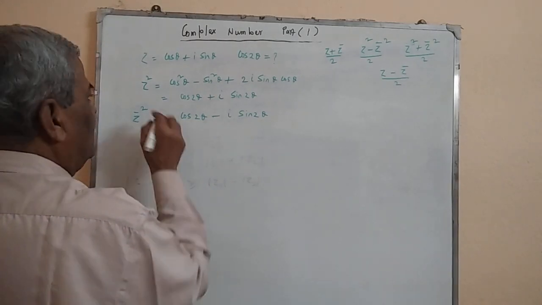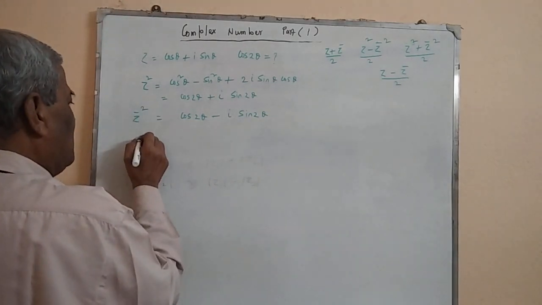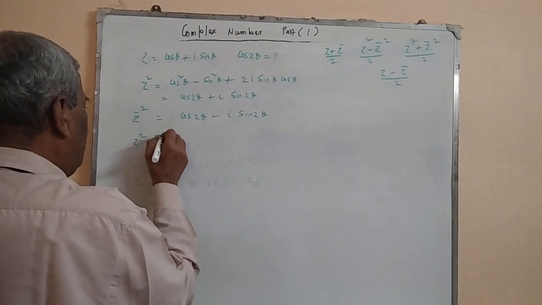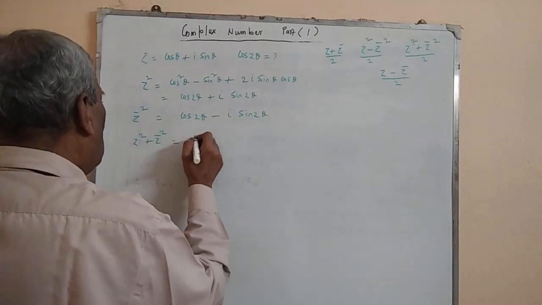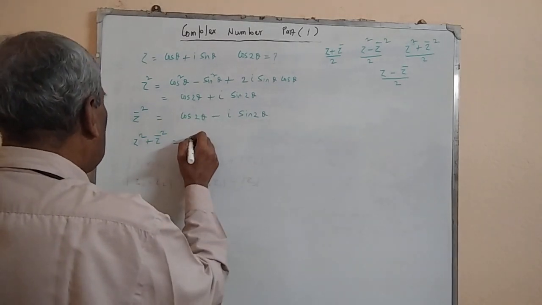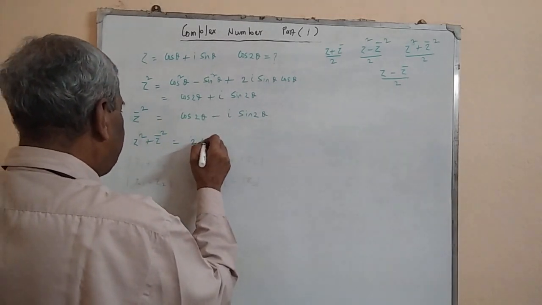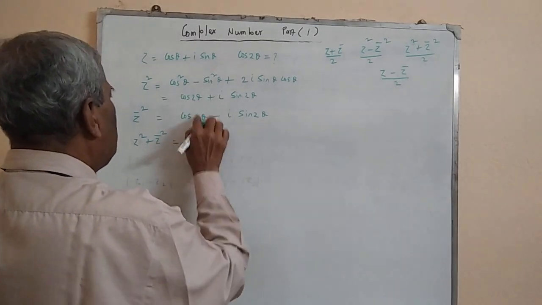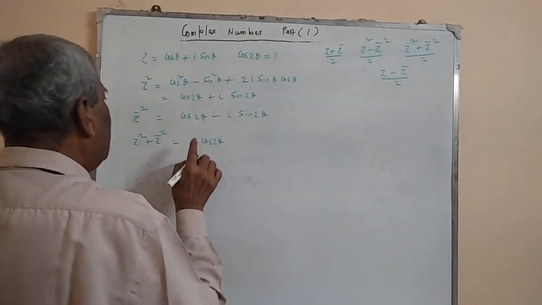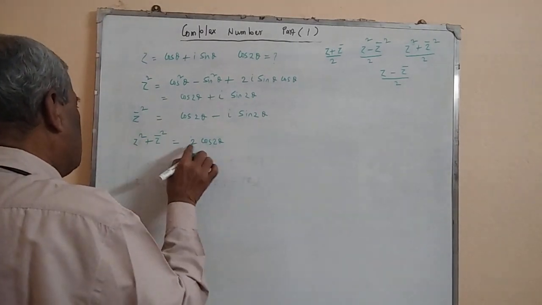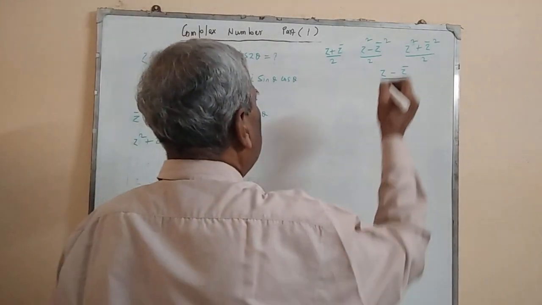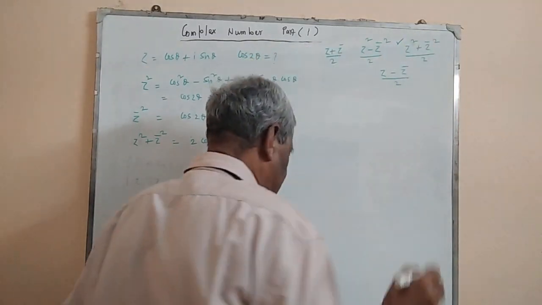By adding, z square plus z bar square is equal to, these two will cancel, 2 cos 2 theta. So cos 2 theta is equal to z square plus z bar square by 2. So the third option is correct.